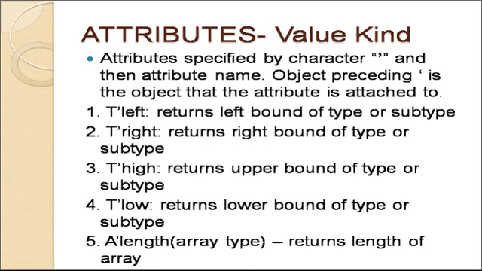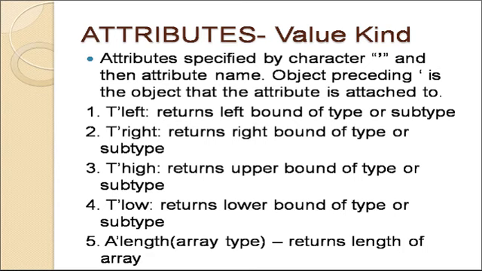Whenever it is an attribute, it is written as T tick left, T tick right, T tick high, T tick low, A tick length. Don't read it as an inverted comma. Whenever you are reading an attribute, you should read it as T tick left.